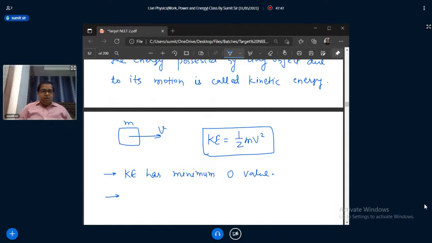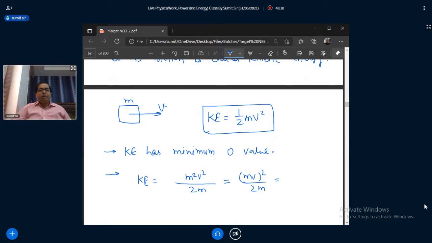Now you know one thing. Kinetic energy can be written as half into m square v square by m, or you can write it as m square v square by 2m.